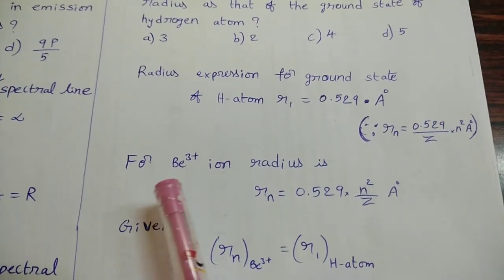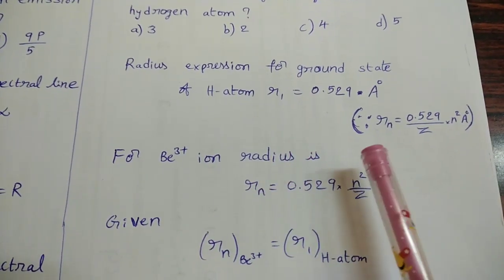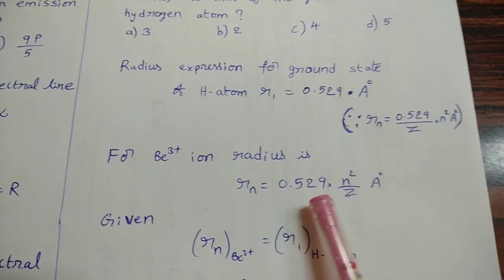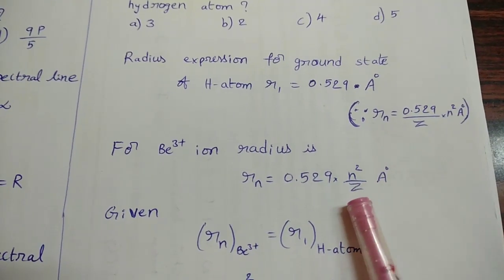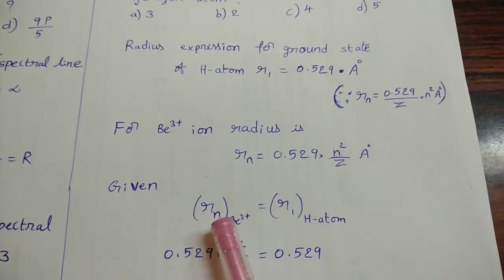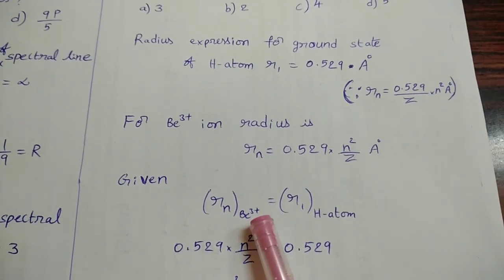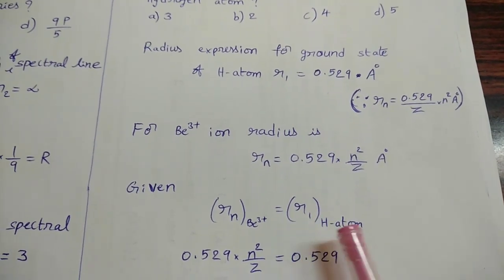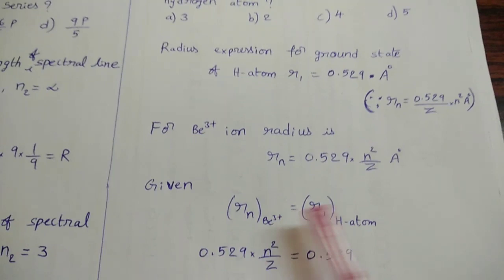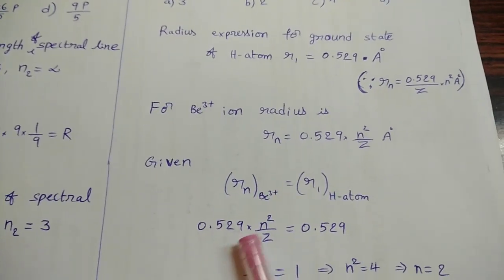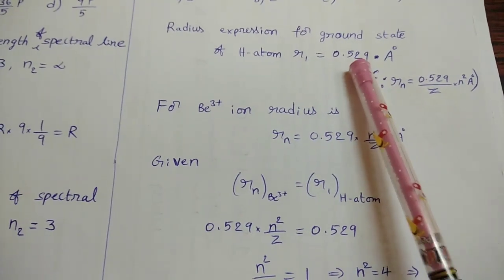Now for the Be3+ ion, the expression is Rn equal to 0.529 into n square by Z angstrom units. What is the given condition? The radius of the Be3+ ion is equal to the radius of the ground state of hydrogen atom. So these two should be equal according to the given data. For R1, substitute this value.